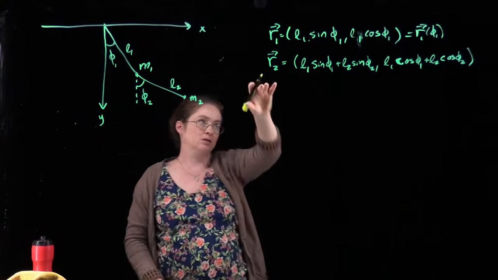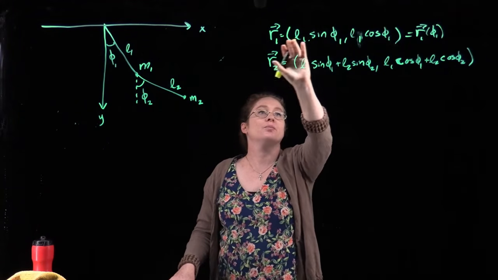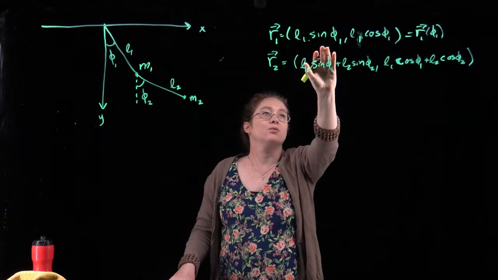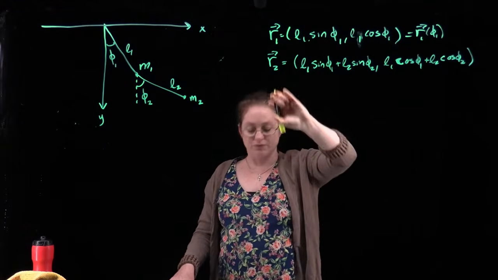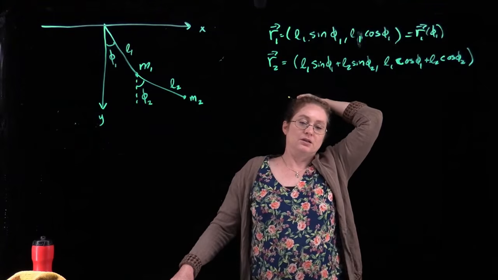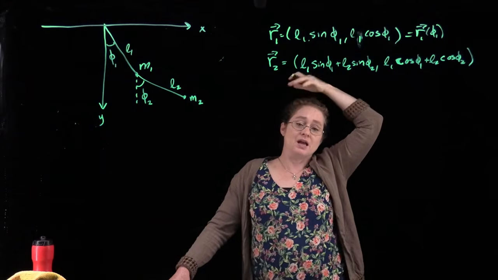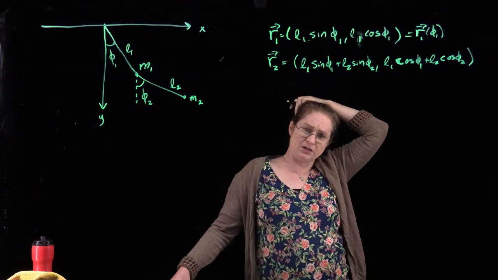So now, this one, if you wanted to solve it, you would have to write the velocity. So you would end up with a phi 1 dot and a cosine phi 1, and a bunch of sines and cosines and phi 1 dots and phi 2 dots, and it would be a big, long, ugly expression.